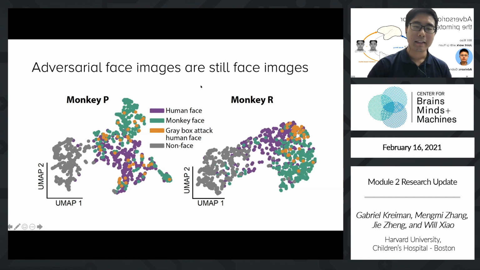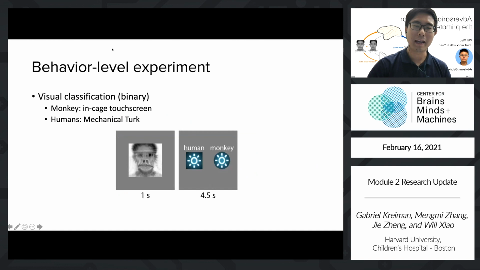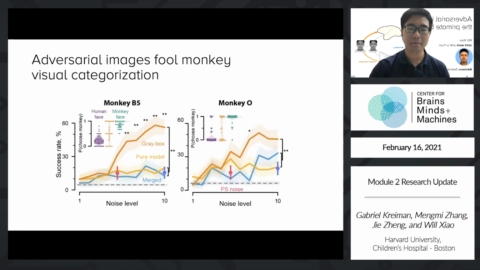Okay, so next I want to show some behavior results. And for this, we tested monkeys who were trained to do this binary classification task in cage on a touchscreen. And we also tested the images on human subjects on Amazon Mechanical Turk. So here are some results from the monkey behavior experiments.